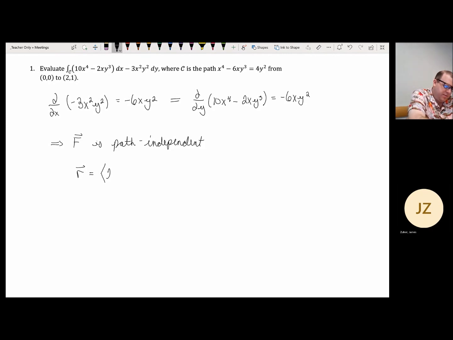So I can do what? 2t on the t. That'll work. t goes 0 to 1.